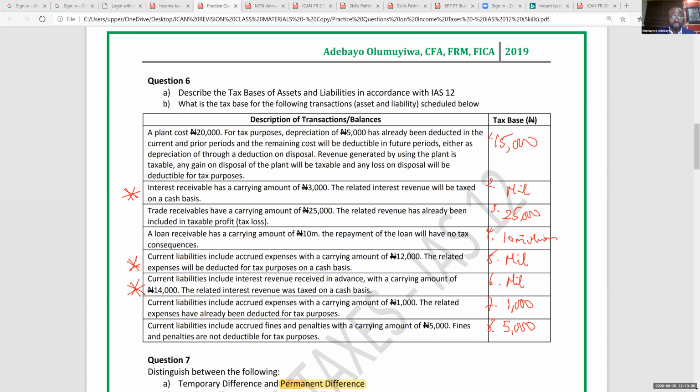Okay, let's close up this discussion. Technically, we are at the end of the session. It's just to make reference to one or two things in the material.